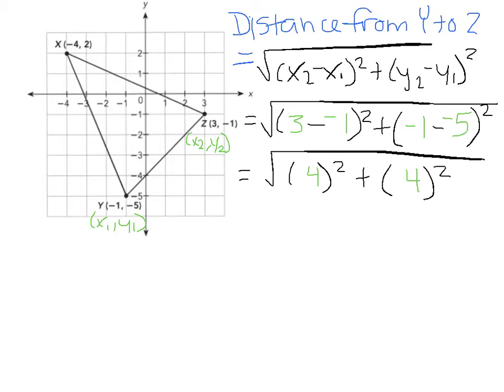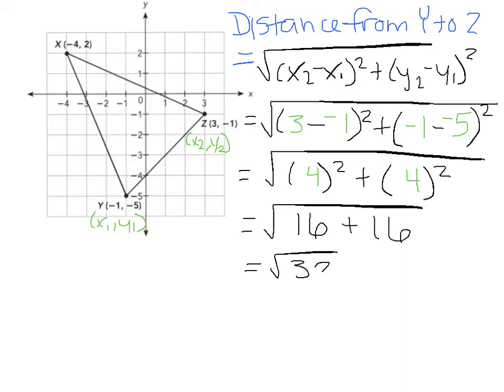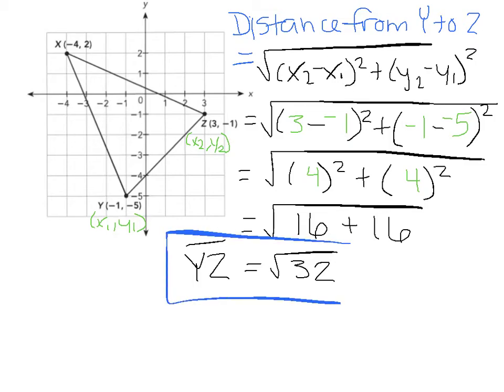So I have the square root of 4 squared plus 4 squared. 4 squared is 16. 16 plus 16 gives me the square root of 32. So here my distance of YZ equals the square root of 32. Let's take a look at our final side.